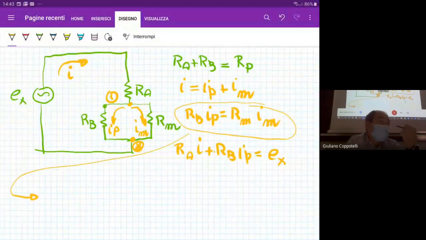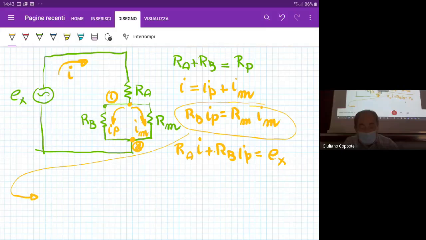What about our measuring? That's the same. I already introduced that relation in the previous equation above.